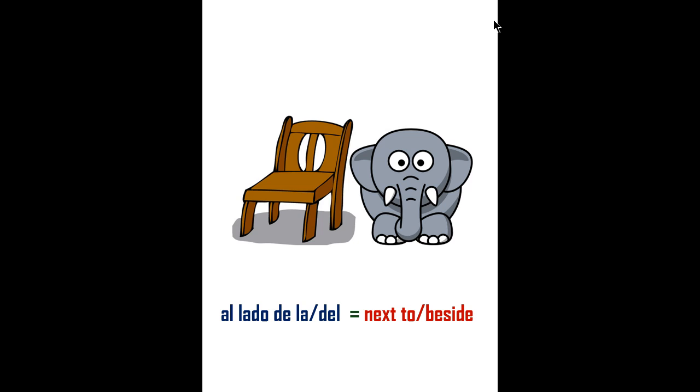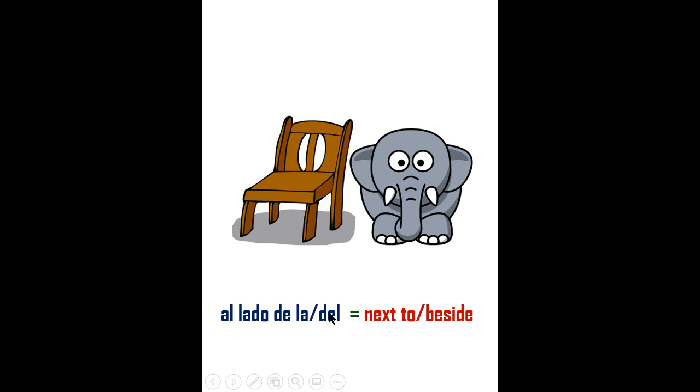So to say next to or beside, like this little elefante, you would say al lado de la. Okay, al lado de la, this is the feminine form if the noun that follows is feminine. You will need to use the contraction del, so you would say al lado del instead of de la.